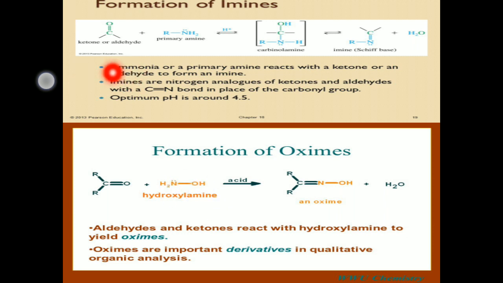Here directly we are removing oxygen from the aldehyde or ketone compound and two hydrogens from hydroxylamine as a water molecule. Then the remaining portion is added like this. We'll get a compound which is known as oxime.